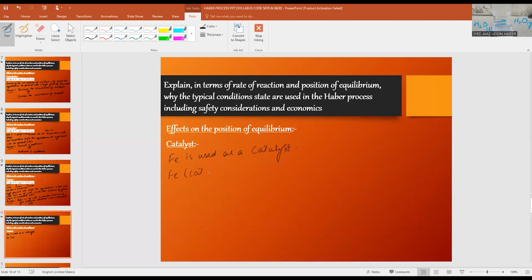Fe or catalyst has no effect on the position of equilibrium because catalyst just increases the rate of reaction in both directions.